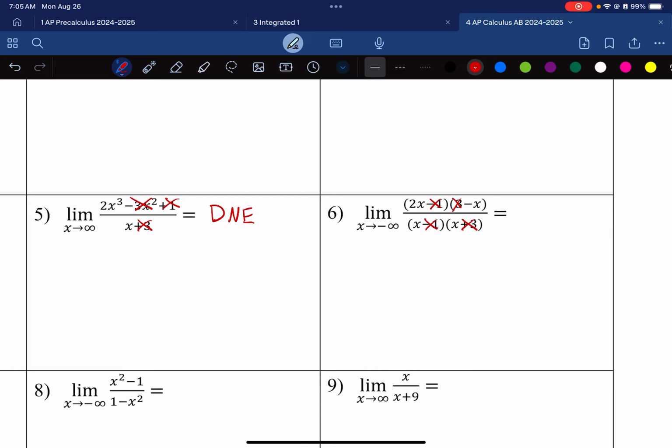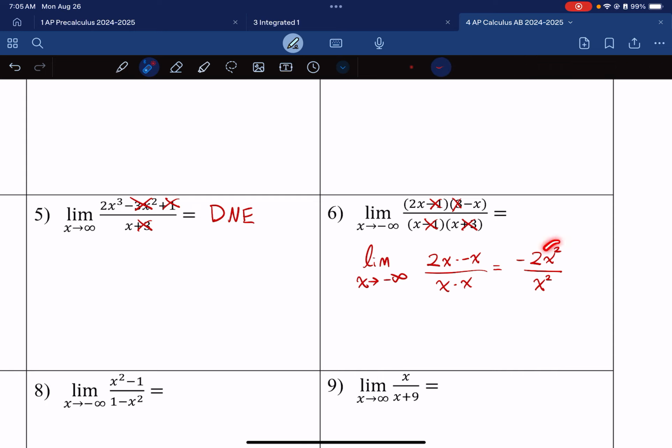This is very similar to the limit as x approaches negative infinity of 2x times negative x all over x times x, which is just negative 2x squared in the numerator and x squared in the denominator. And notice, for the first time in this worksheet, we have a tie, x squared on the top, x squared on the bottom. So whenever there's a tie, that's a magic fraction, and I look at the coefficients, -2 and 1. -2 over 1 is the same thing as -2.